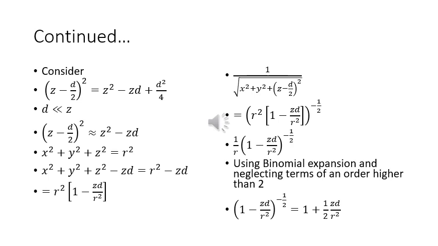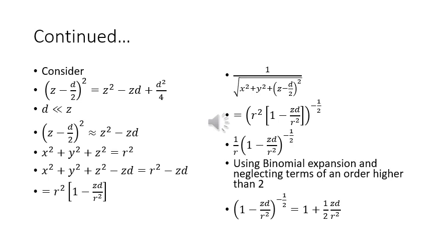Therefore, 1 upon under root of x square plus y square plus z minus d by 2 whole square is equal to open brackets r square open brackets 1 minus zd by r square close bracket raised to the power minus half, which gives us 1 upon r open brackets 1 minus zd by r square raised to the power minus half.